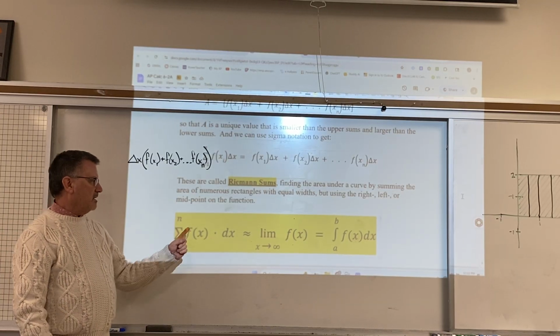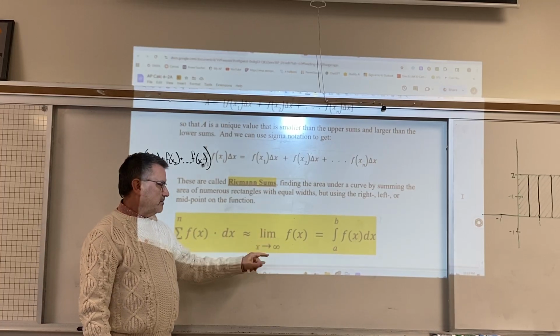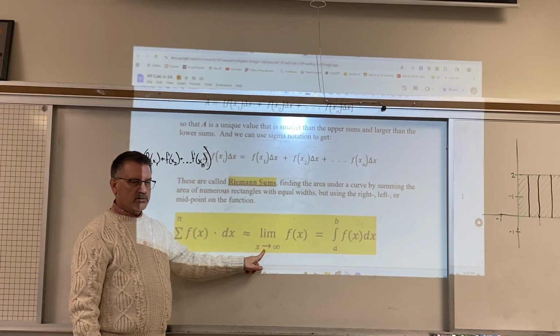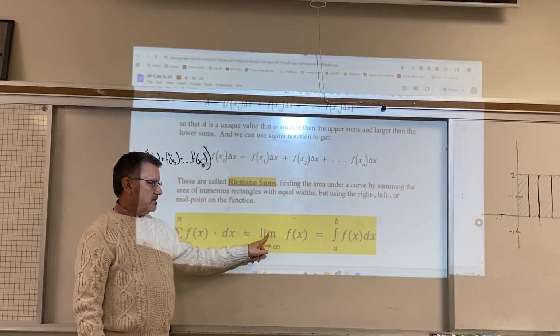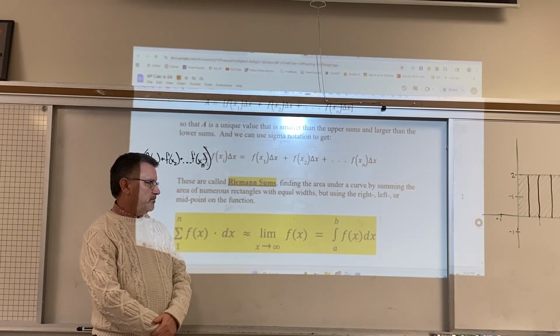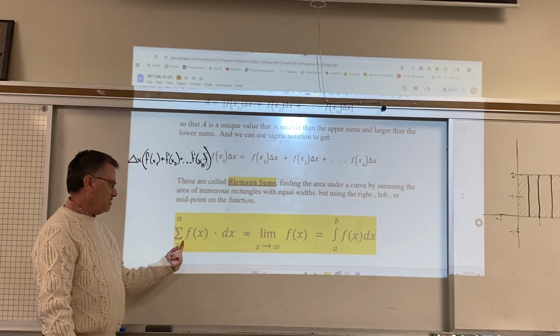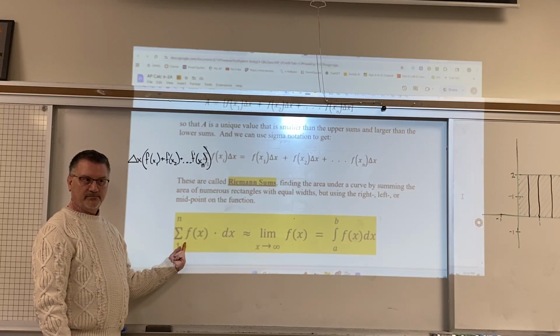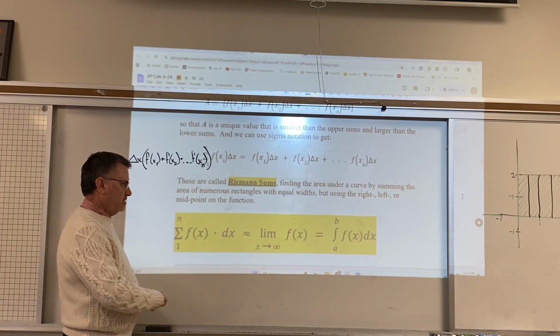And that will be the limit. That's going to approximate what the limit is as the number of rectangles approaches infinity. The more rectangles I have, the better the approximation. So it's a limit again, which by doing these Riemann sums, adding all the rectangles together, times change of x.